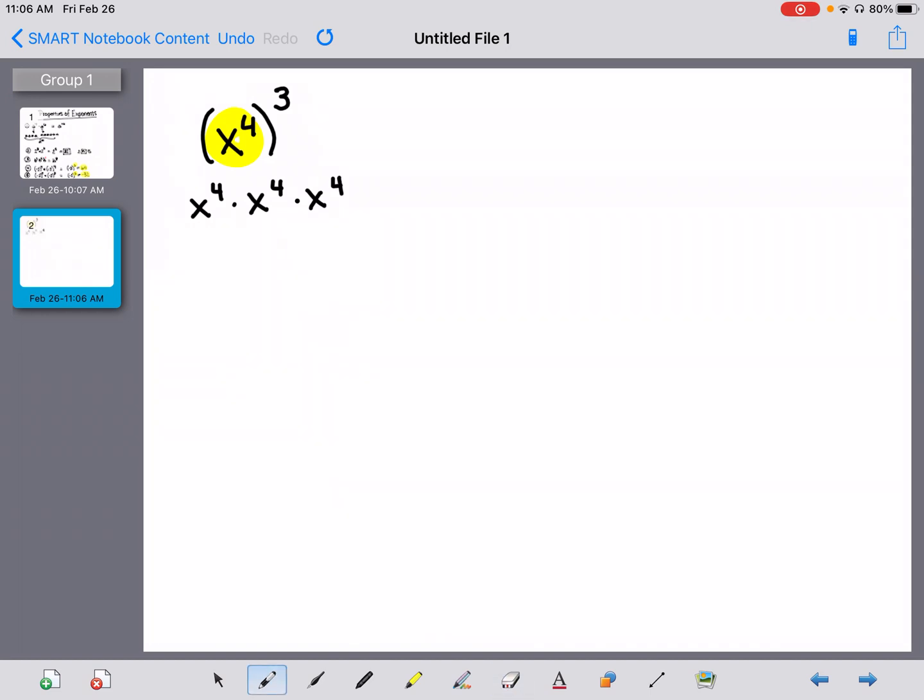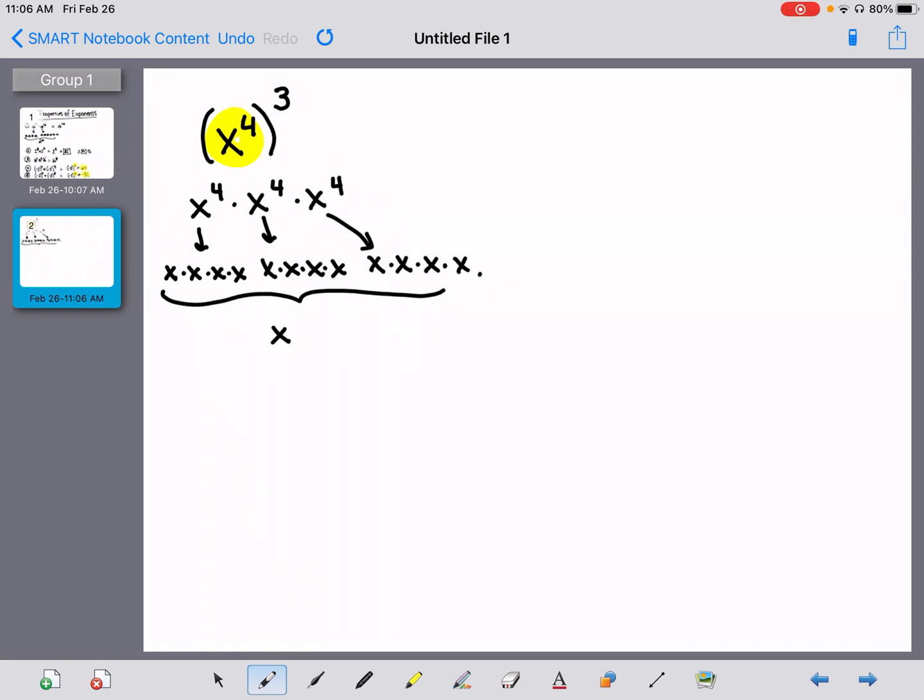And then you could take each of those x's and say, well, this is 4 x's, and this is another set of 4 x's, and this is another set of 4 x's. So count them all up. How many do you have altogether? You have 12 of them. So the shortcut here in the original problem is that if you have a power to a power, that's what this is called, you multiply the exponents, right?